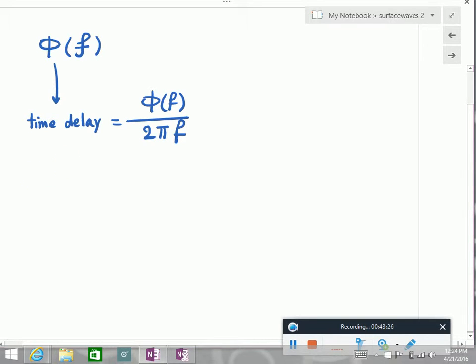So then we say that the velocity, this is like phase velocity, C_R as a function of f, is distance over time delay.